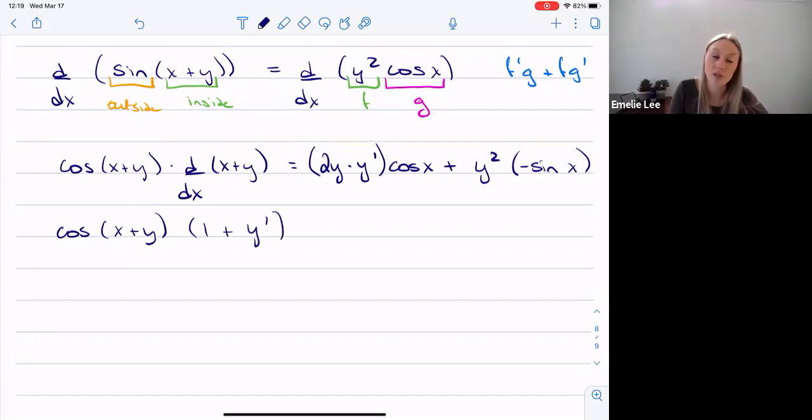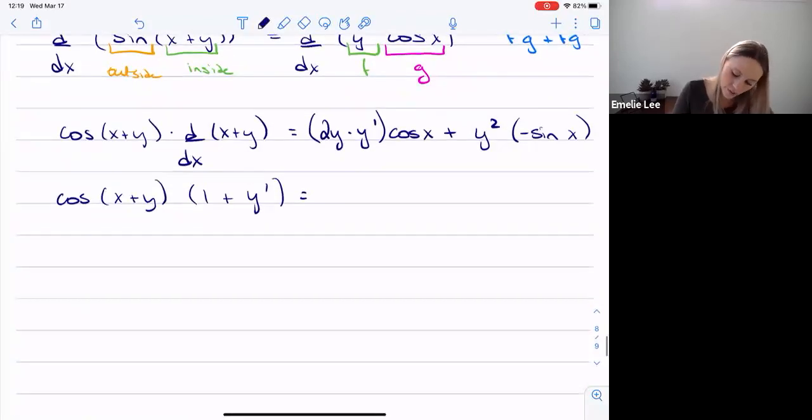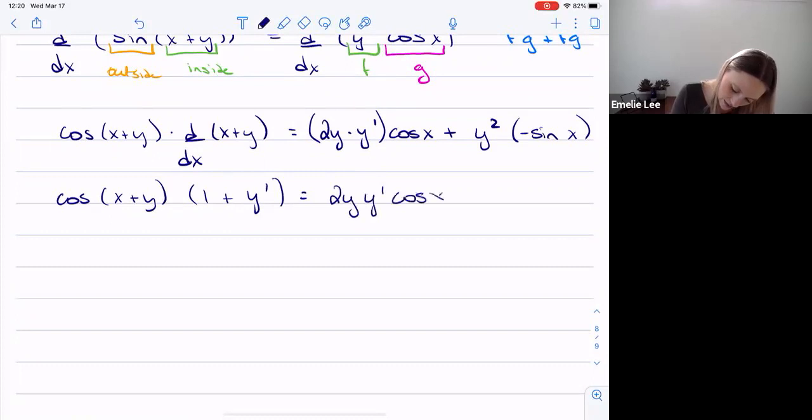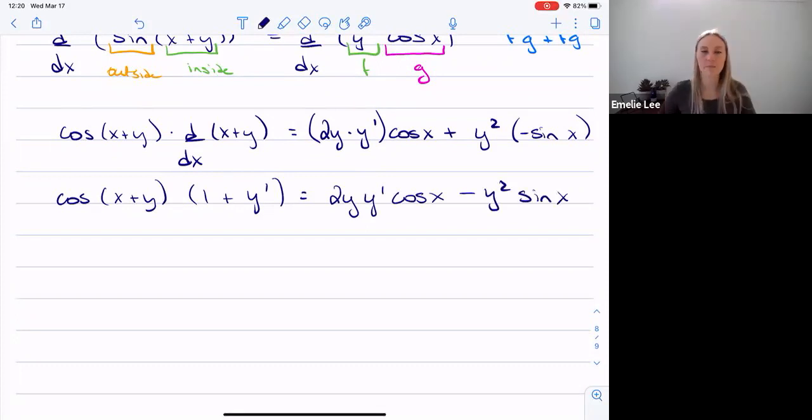Because the y is just y to the power of 1, which becomes 1 times y to the power of 0, but that's going to be 1. So 1 times y prime. So that's why we just go straight to y prime. And then I have 2y y prime cos x minus y squared sin x, moving that negative out.